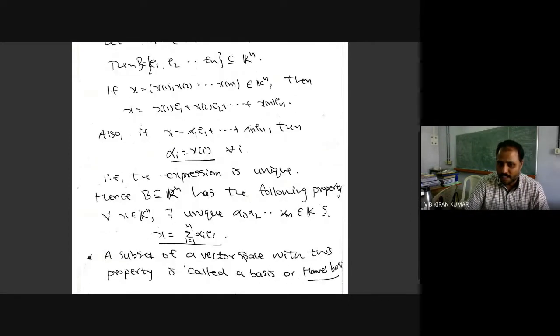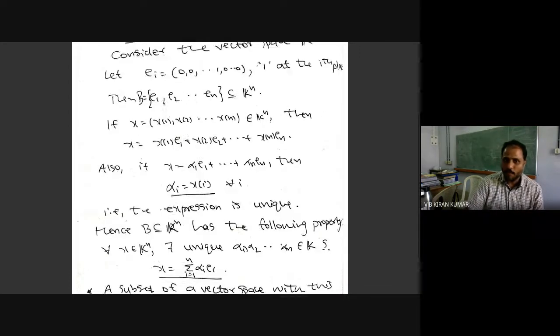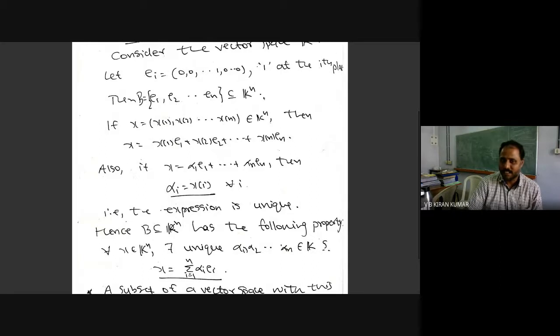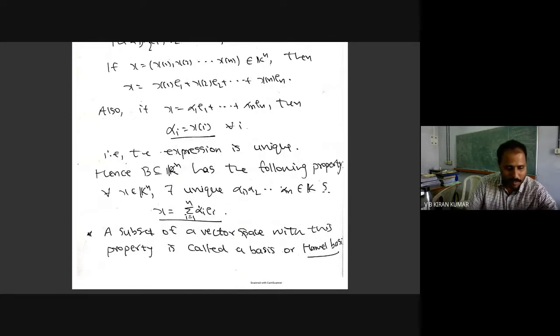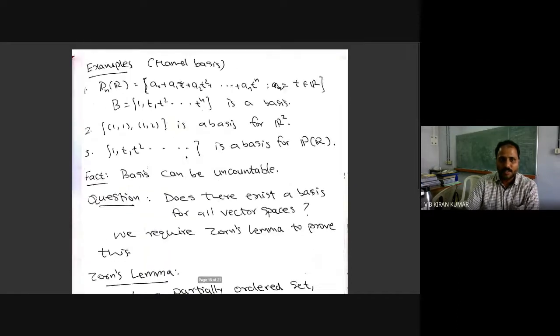A subset of a vector space with this property. So what is that property? B subset of K^n is such that you start from any element, any vector in K^n, we should be able to write it as a unique linear combination of elements from B. So if B has such a property, we say that B is a basis. And strictly speaking, this is called a Hamel basis.